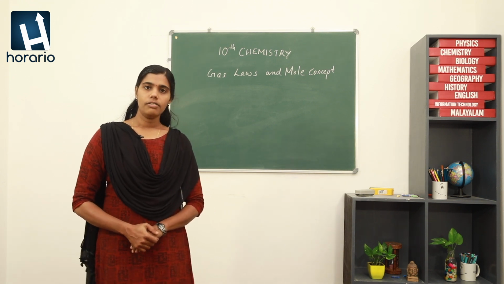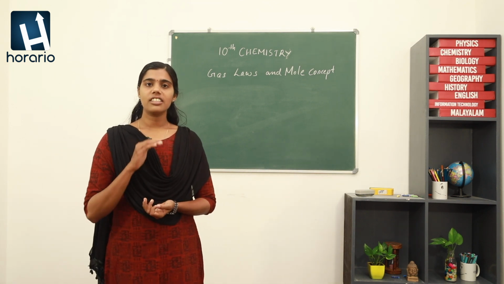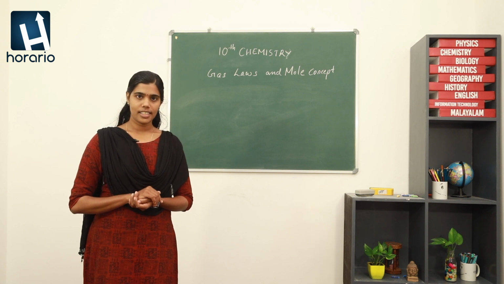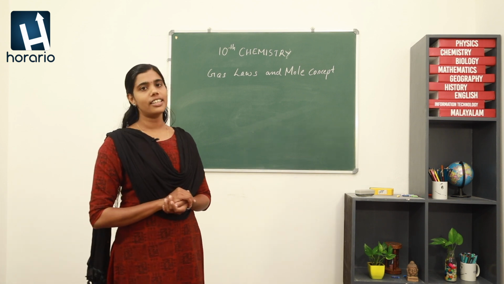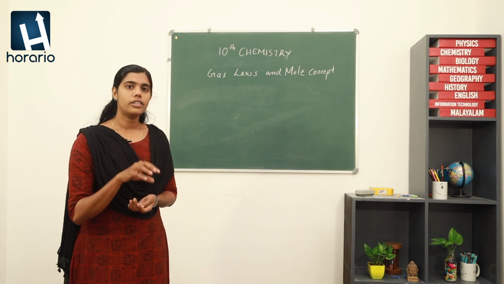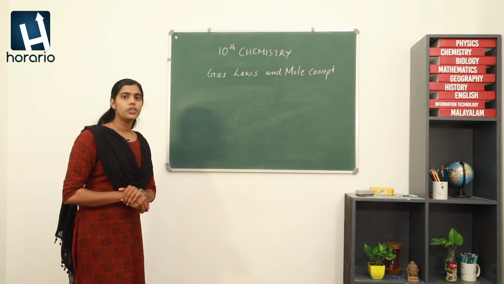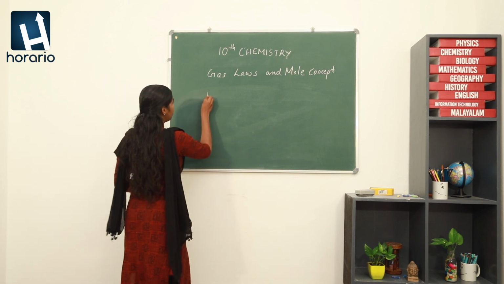To learn the three laws, we need a thorough knowledge of the characteristic features of gases. You have already learned something about the gaseous state, but we are going a little deeper. I am going to draw a diagram here.